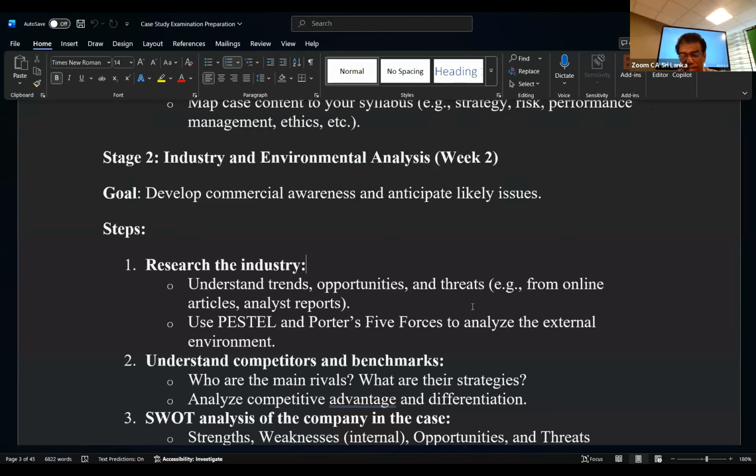There are corporate governance, ethics, and various things, right? Make sure you get the industry information from now onwards.